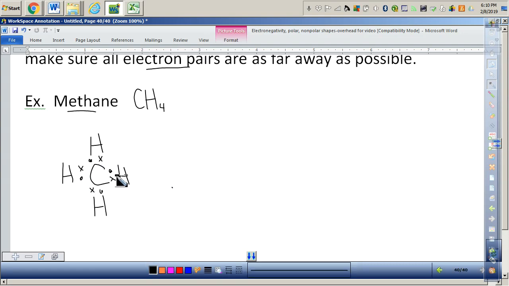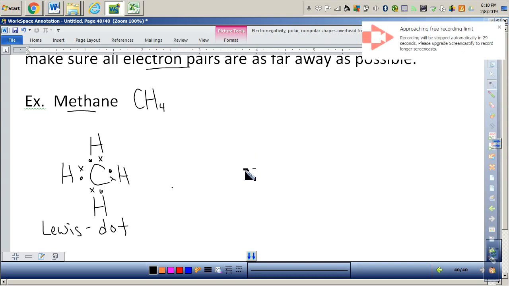So we can see from our structure here that there are no lone pairs. All of the pairs are bonded pairs. There's a single bond here, a single bond here, a single bond here, and a single bond here. So this is our Lewis dot structure. Then we can also draw what's called a structural formula.